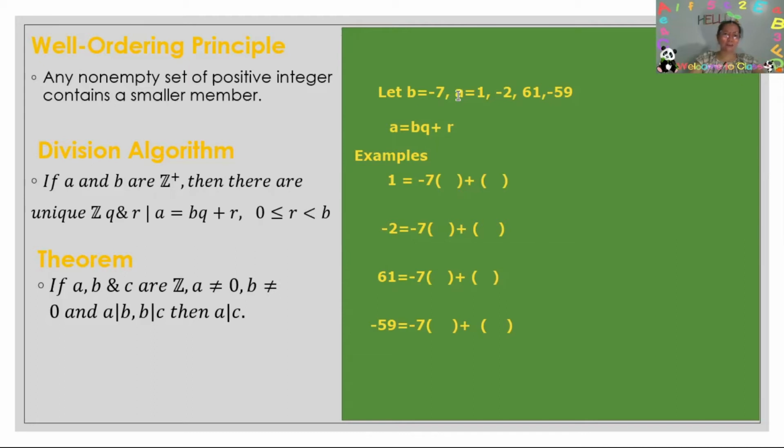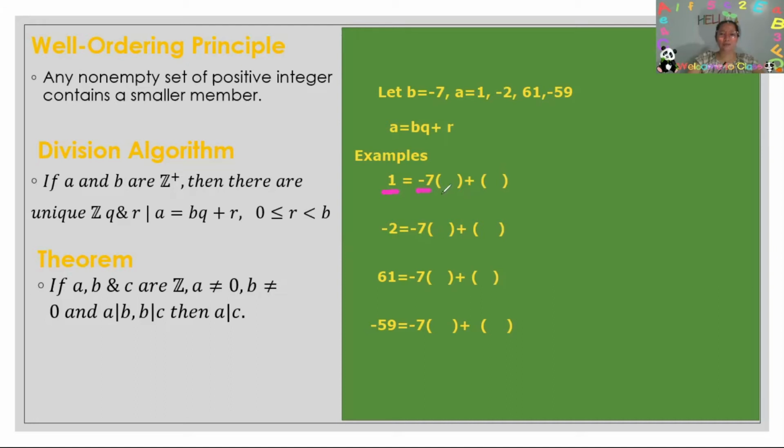We simply input the given values: the value of A is 1, and the value of B is -7.